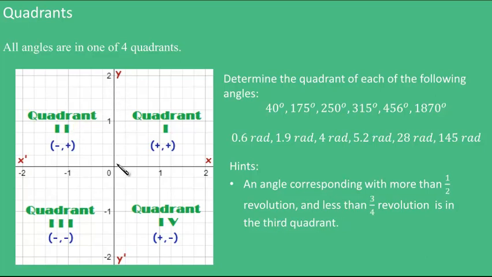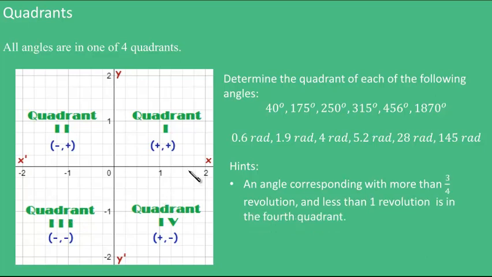If the angle corresponds with a rotation between 0.5 and 0.75 of a revolution, then it's in quadrant 3. Remember, we're talking about revolutions. If the angle corresponds to a rotation between 0.75 of a revolution and 1 revolution, then it is in quadrant 4. So now we're in a position to easily determine the quadrants of these angles.